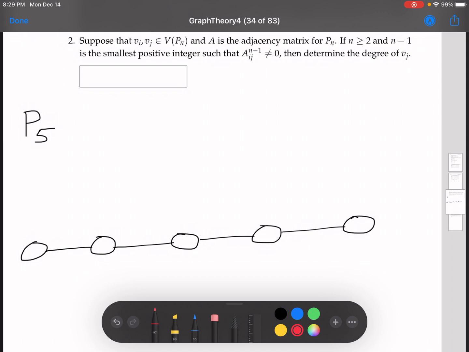Now the major assumption of this problem is that n minus 1 is the smallest positive integer such that A to the n minus 1, ij, is not 0. And the smallest positive integer part, that's really important, so I circled it there. In our example graph here, P5, n equals 5, and so n minus 1 is 4.